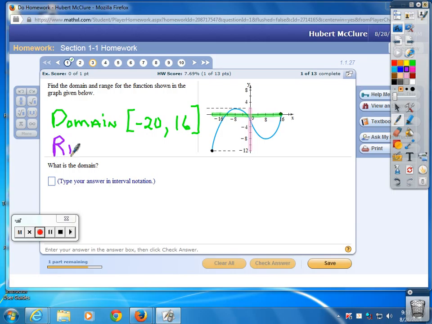Range is from -12 to 2, and it's inclusive because this actually touches 2. You can see it right there. It's the highest point. That's why you don't go to 0, you go to 2, because it's the highest point used.